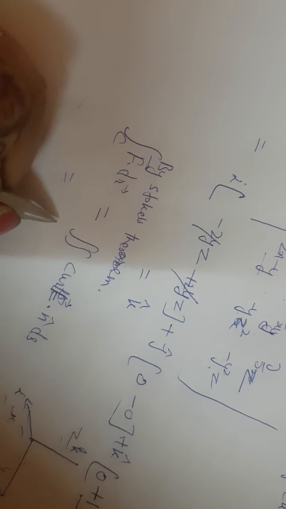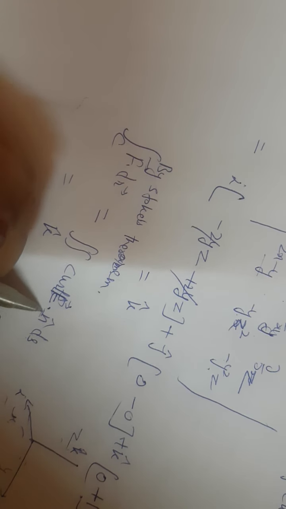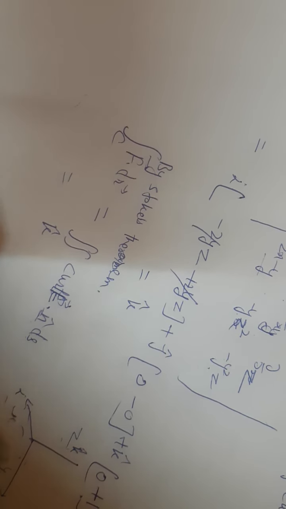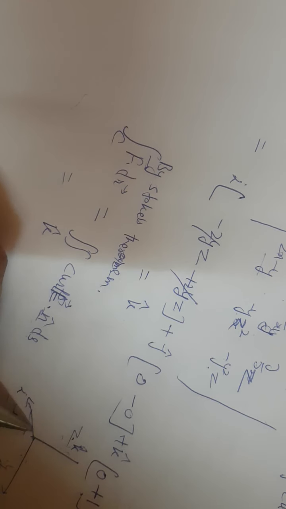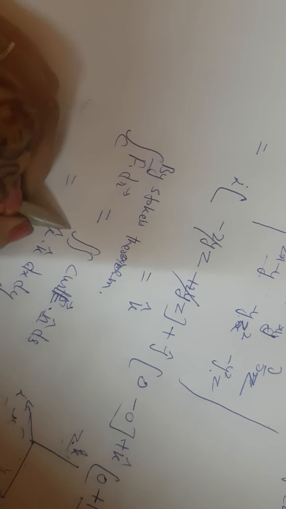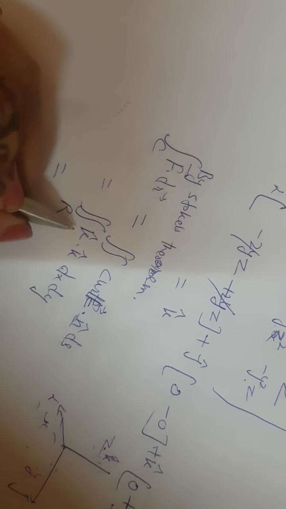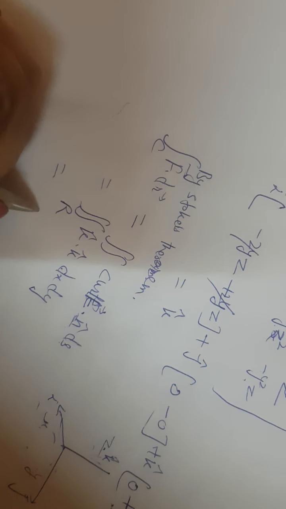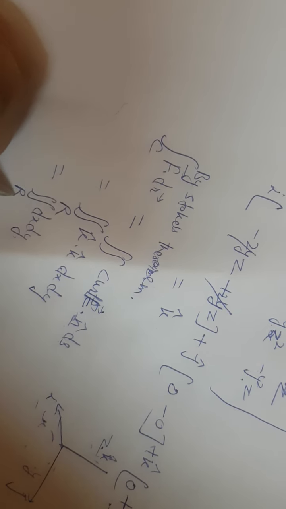So curl of f is nothing but k, and the unit normal vector in the xy plane is k. So this is dx dy along the surface r, which is k square equals 1, and dx dy along the surface r.